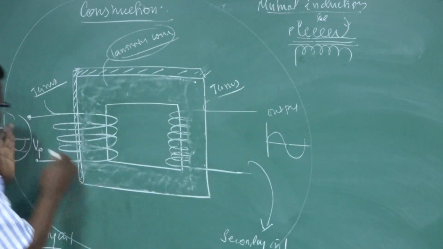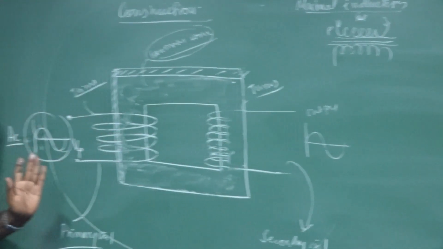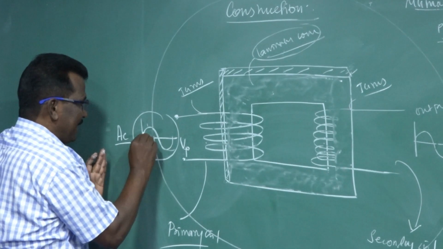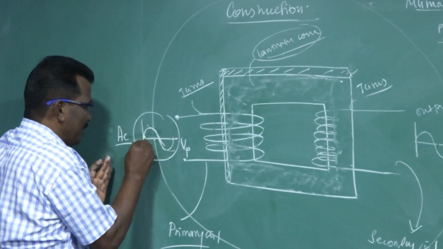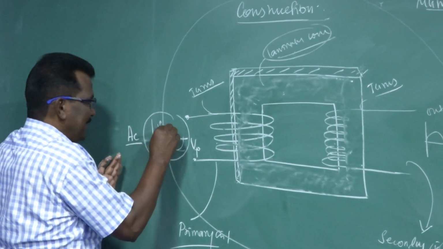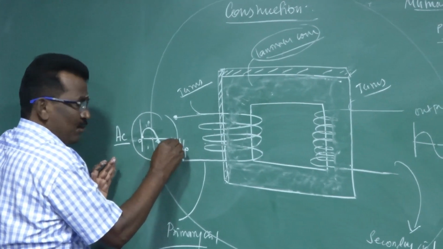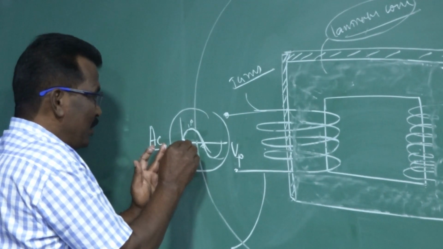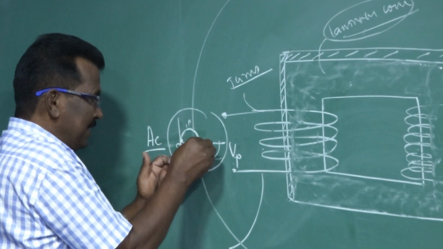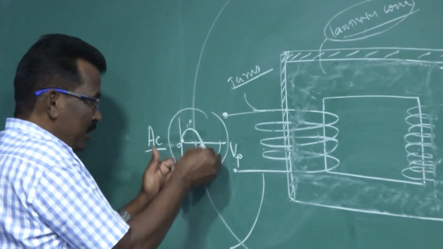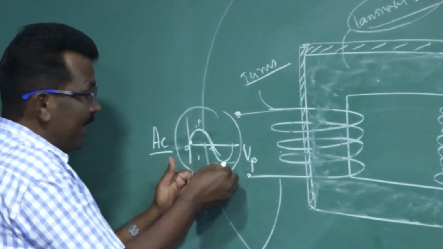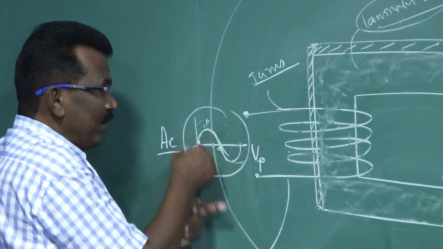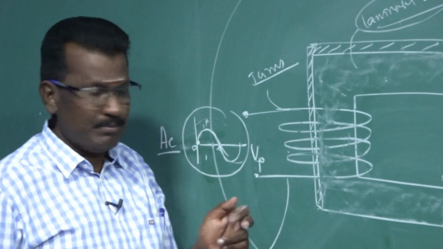When AC passes through one of the coils, it is a continuously varying current, from 0 to peak, then again 0, then peak, then 0. Every instant of time the current varies: 0 to maximum to 0, then 0 in the opposite direction, maximum again in the opposite direction, to 0, continuously varying its magnitude.